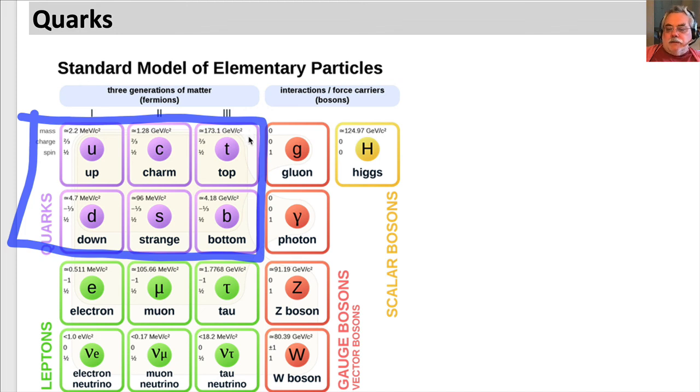Quarks are subject to the strong nuclear interaction, also called the color force, mediated by gluons. Leptons are not. Gluons glue quarks together, not leptons.